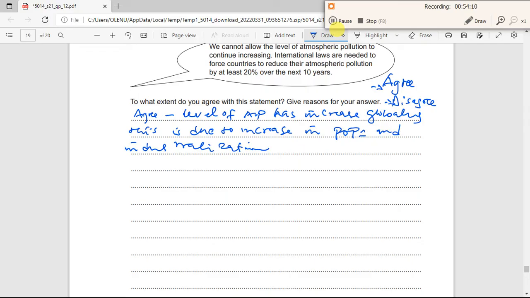Now, since you're looking at atmospheric, it's air basically.